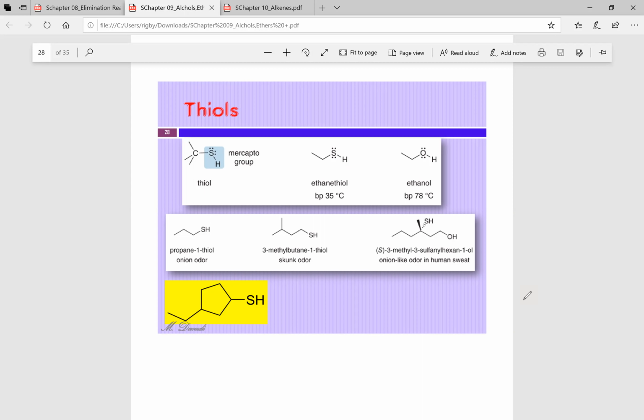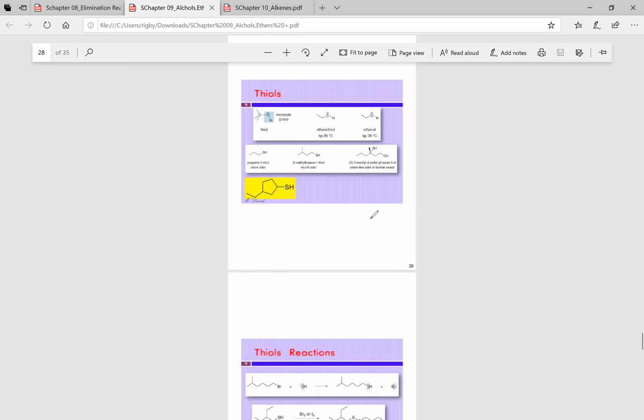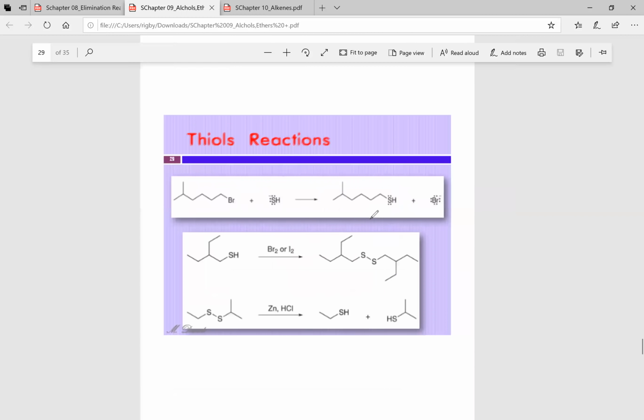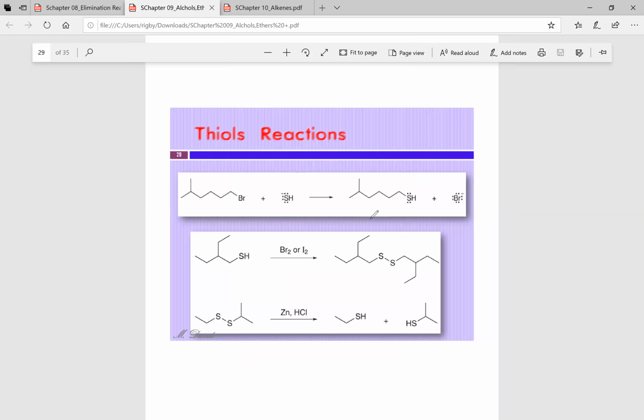However, ethanol has a much higher boiling point than ethanethiol, because ethanol has hydrogen bonding and ethanethiol does not. And usually these compounds with sulfur have a very strong, distinctive odor.